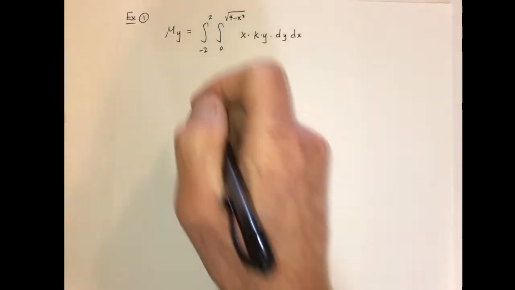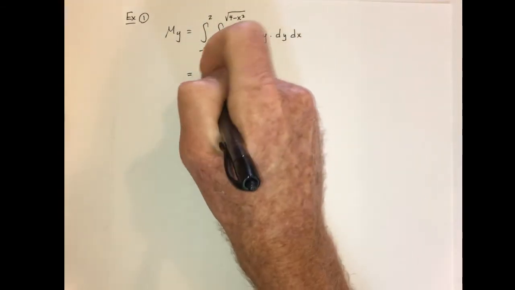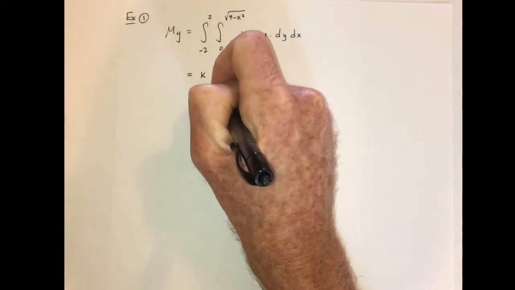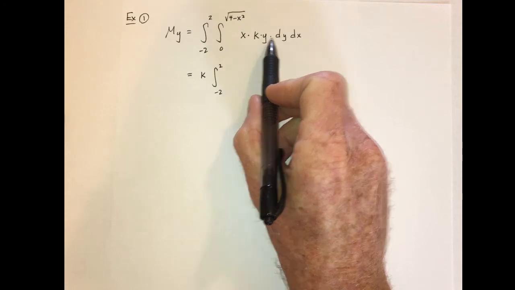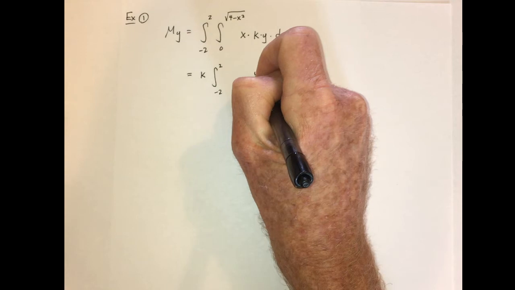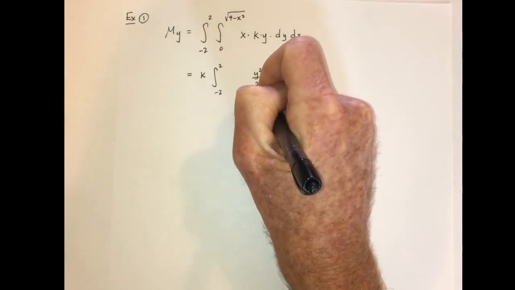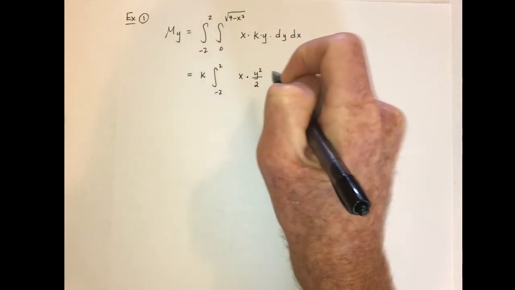Okay, so start integrating. So this k is a constant. I could factor that out. And then we're integrating with respect to y, so this is going to become y squared over 2. This x is being held constant, so it just stays there.